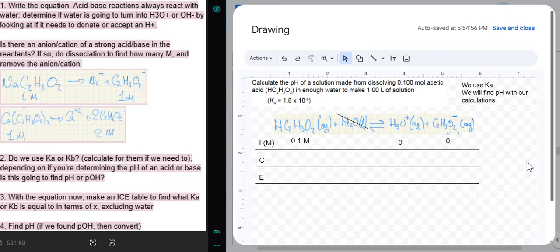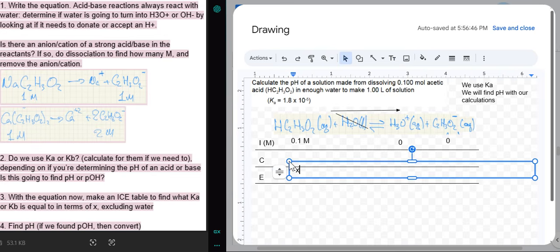So the reaction will be going to the right, going forward, which means we'll be gaining this and this, and we'll be losing this.